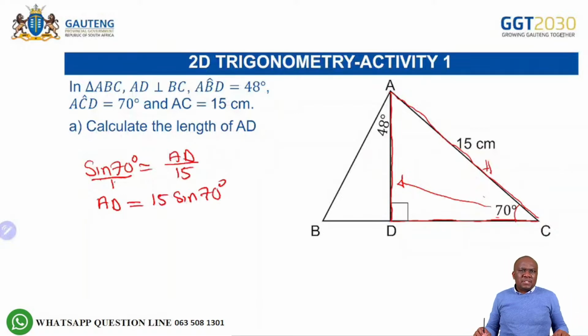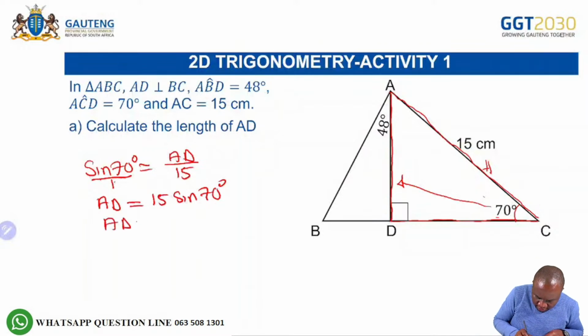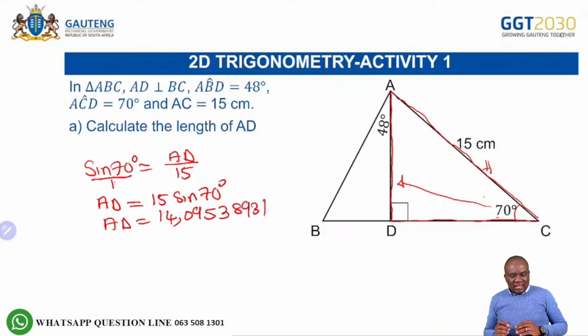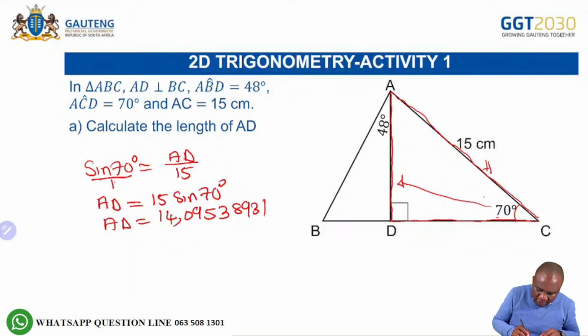Right, and then we just put this in the calculator. I did that and I got this. AD is equal to 14,09, 5,38931. And then we want to find the length of AD. Let's round off to 2 decimal places.